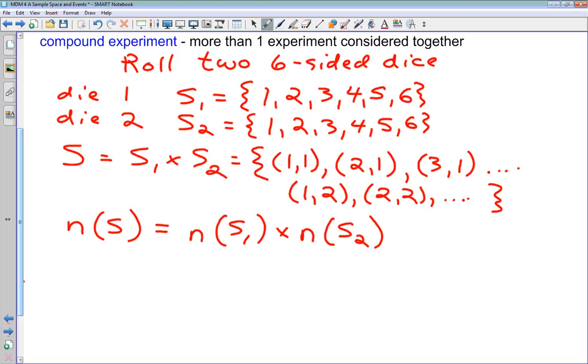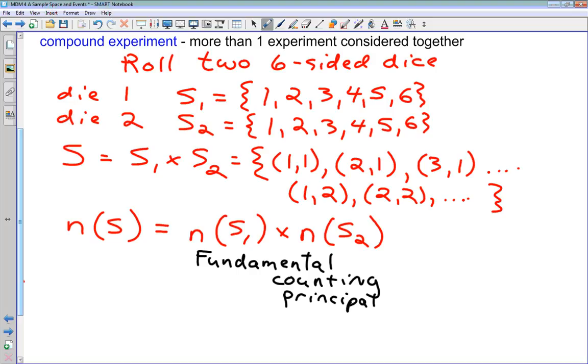Think back to Unit 1, where we talked about the fundamental counting principle. It told us that if we had a two-stage process, we would multiply the number of possibilities at each stage. So the number of elements, or the cardinality of our combined sample space, is 6 times 6, or 36.